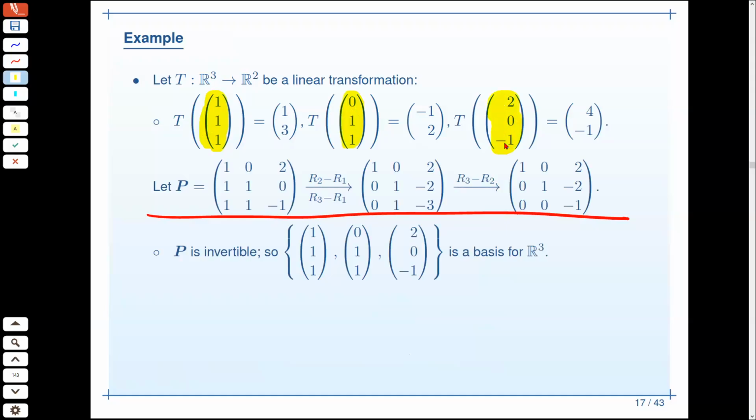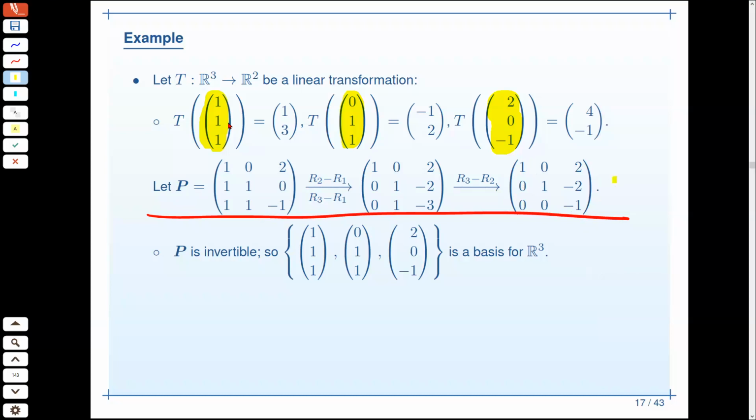Otherwise, we may not have enough information to determine it. So I write them in columns and apply Gaussian elimination. You can go to an upper triangular matrix with non-zero diagonal entries. Indeed, the determinant of P equals -1, so P is invertible and therefore what we are given is a basis.